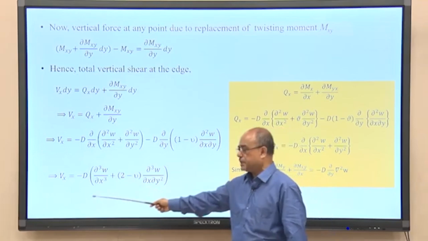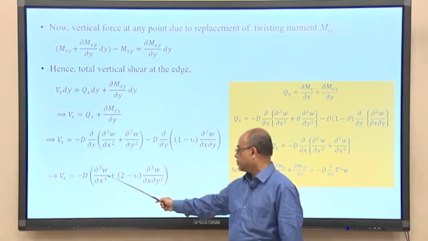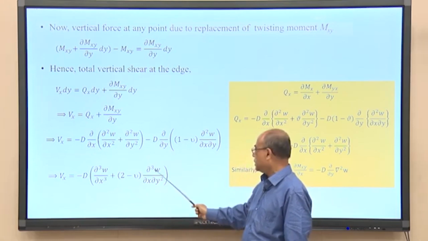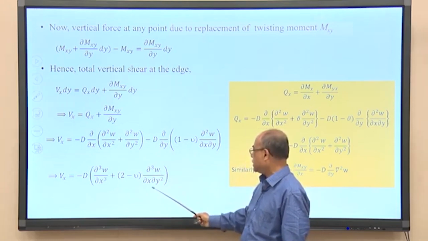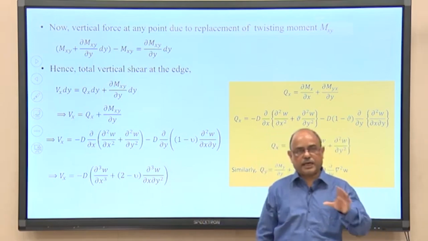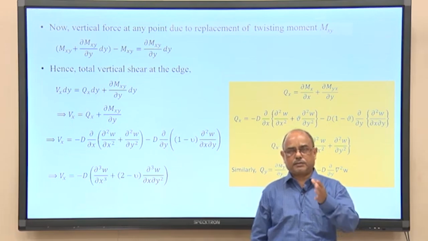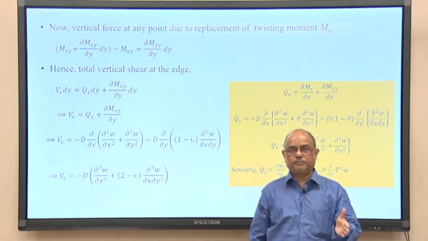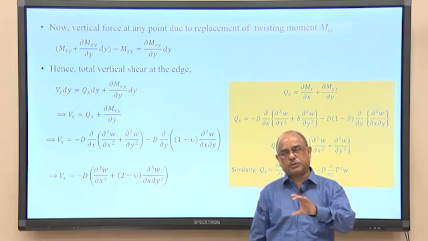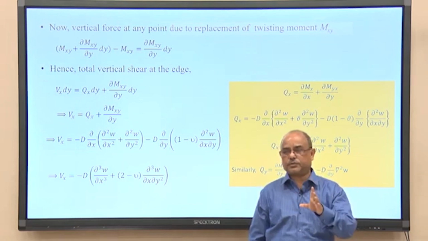V y will be minus D, del cube w by del y cube plus 2 minus mu, del cube w by del y del x square. So, depending on the edge, what the coordinates are specified, you can express the S shear, and S shear has to be equated to 0 at the free edge, that is the first condition.